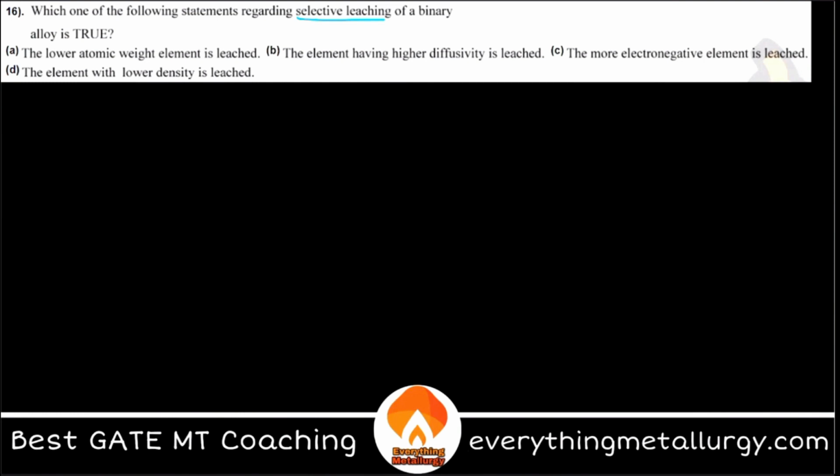So what you get to see in selective leaching is that a more reactive or a high electronegative element. What is electronegativity? Electronegativity is the ability of some particular element to share an electron, to form a bond.